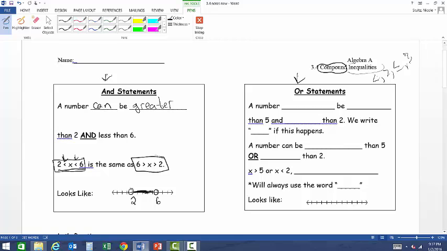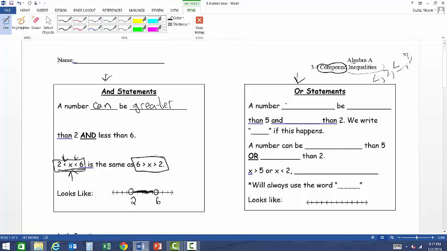So what this means is any number between 2 and 6, not including 2 and 6 themselves, can be plugged in for x. So we could use the number 3, 4, 5, 3.5, 4.5, 5.5, all of those work as long as they're between 2 and 6.